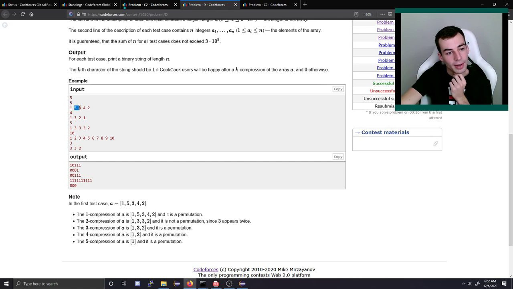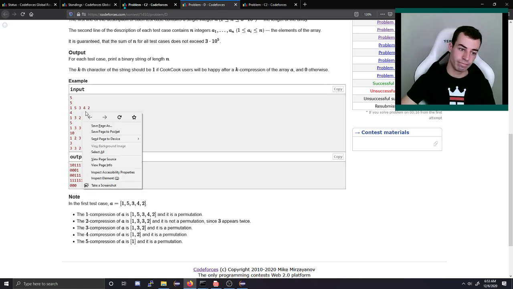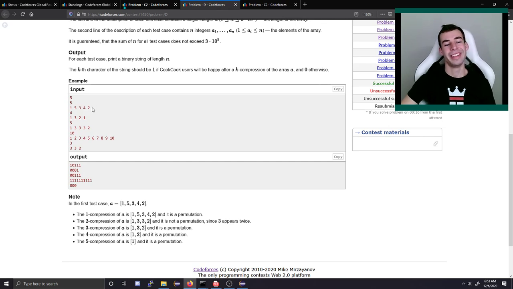For 2, they're not happy. 3, they are happy. 4, they're happy, and 5, they're happy. But this is deceptively complex. I think it doesn't get any more complicated than that case.